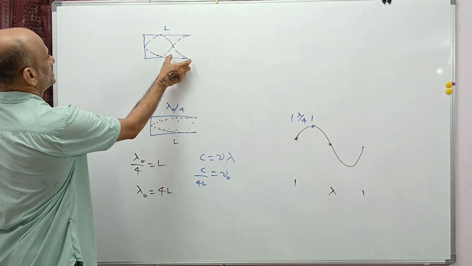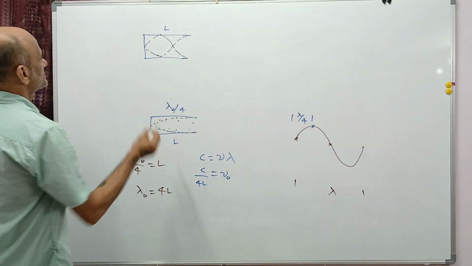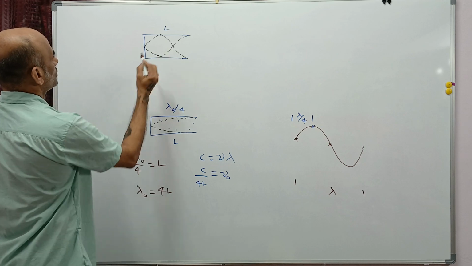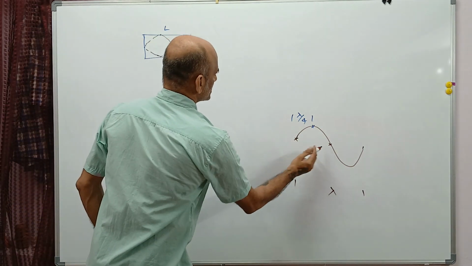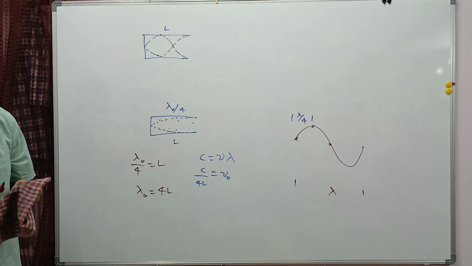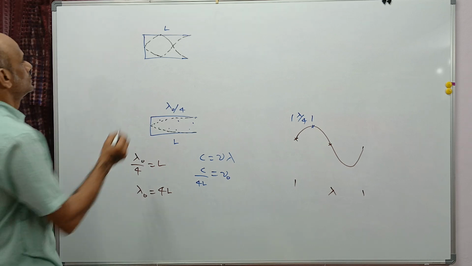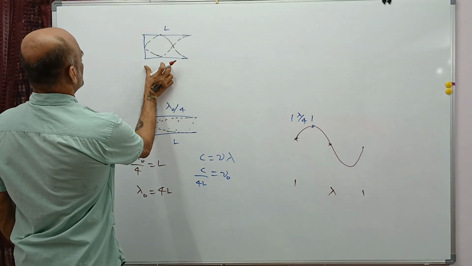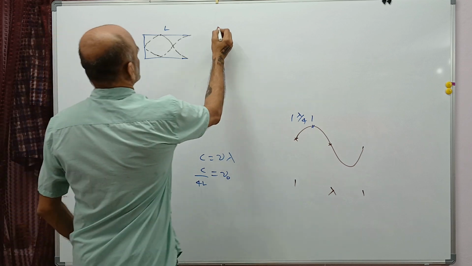This is one loop and then quarter wavelength. One loop is from 0 to 0 or node to node. So node to node is half wavelength. So from here it's lambda by 2 and then lambda by 4.